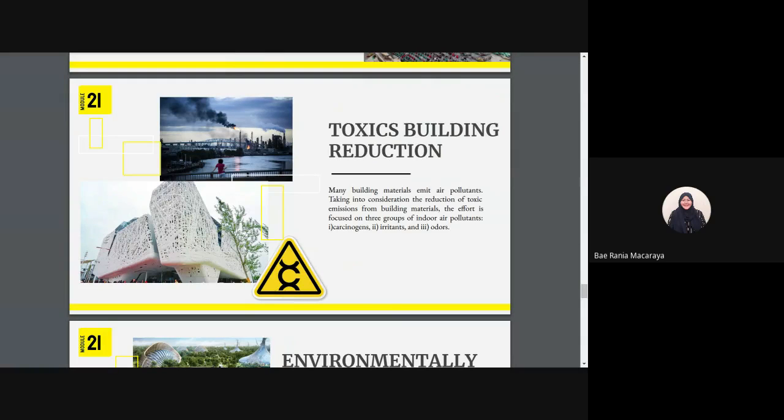An example of a toxic building material is polyvinyl chloride, or PVC, pipes. It is said that 75% of all PVC is used in the construction industry. It is important to note that PVC creates toxic pollution in the form of dioxins, which are harmful to health and could cause problems with reproductive, developmental, and immune systems.